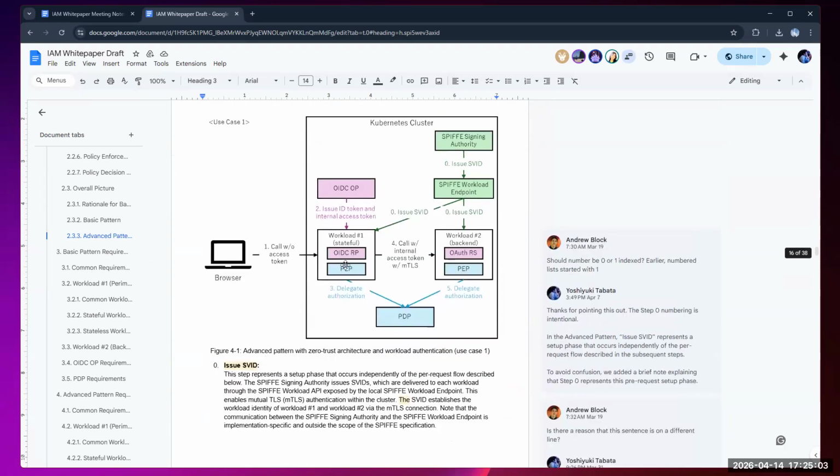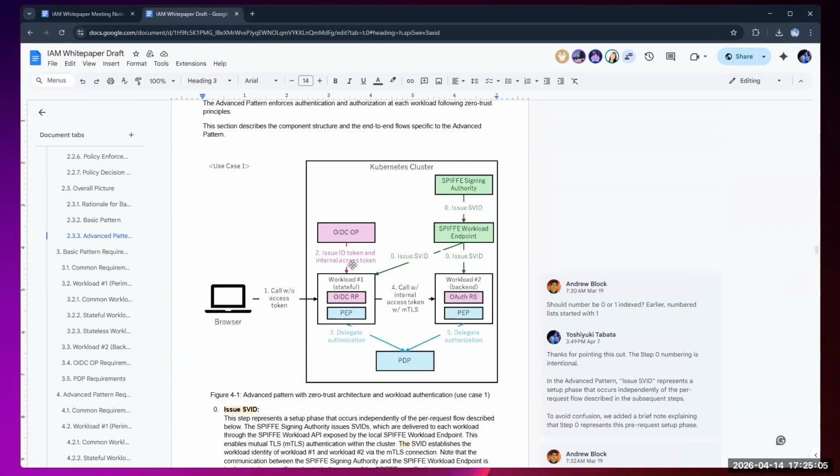Regarding use case 1, workload 1 uses the secret for client authentication, so the OIDC OP cannot issue the sender-constrained token. And also the internal access authenticates with MTLS regarding client authentication.